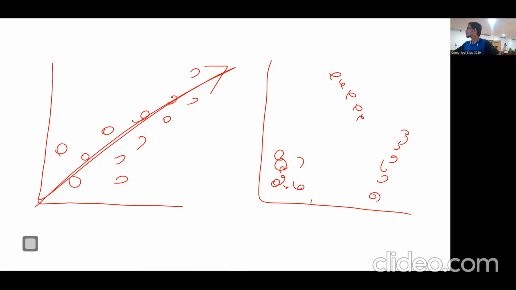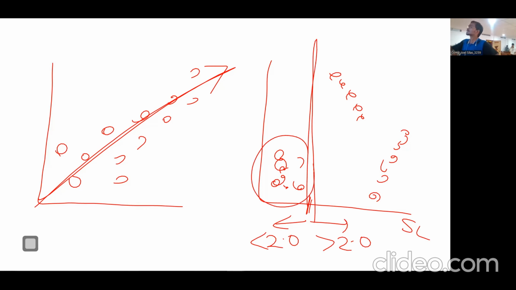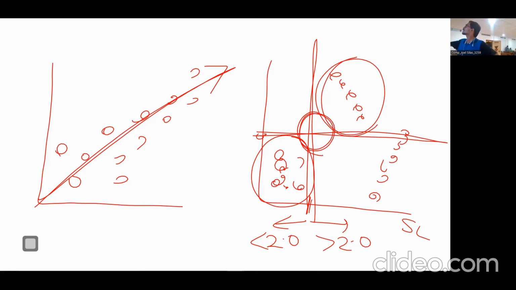Why? Because suppose this is the petal length or whatever it may be, then petal size less than 2.0 and greater than 2.0. We'll split it over here. So we can find out this region. Then maybe from here we can split this way. We can find this region. And so on, splits can be done. So if there's no linearity or if there's a disconnection between the displayed data points, then we can say that we have got a decision tree to be used.